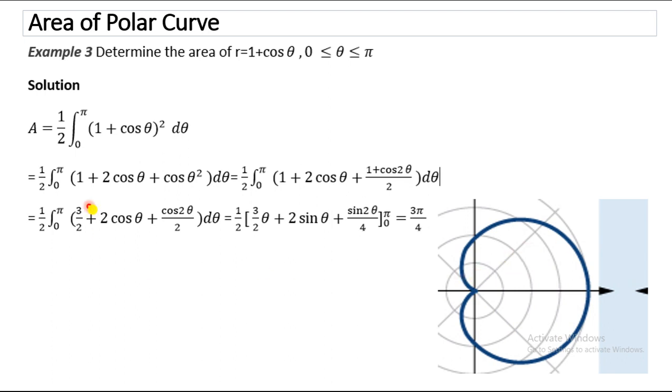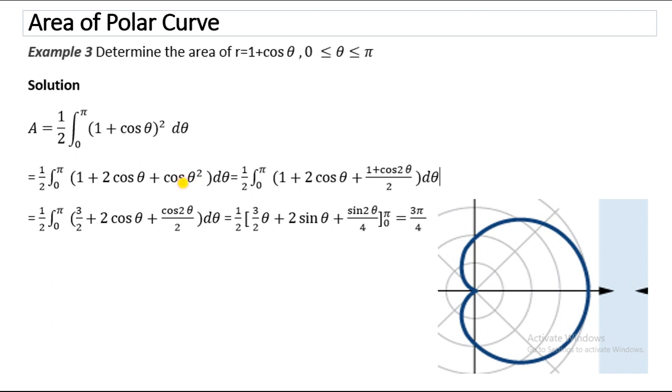Area equals half integration from 0 until pi of 1 plus cosine theta to power 2 d theta. I want to open this. Integration from 0 until pi of 1 plus 2 cosine theta plus cosine square theta d theta. Integration of this is easy and this is easy, but cosine square I can't because the derivative does not exist.